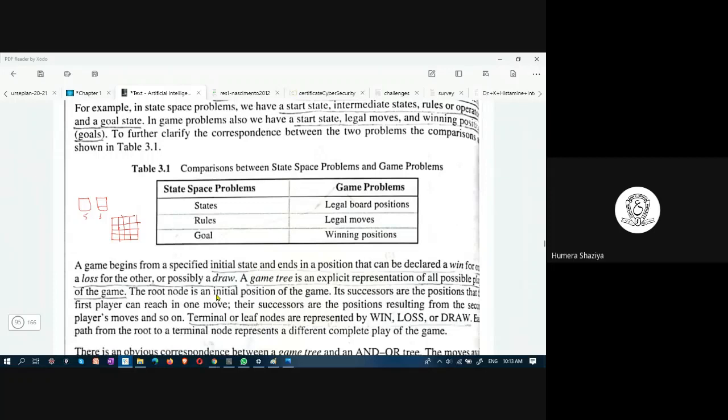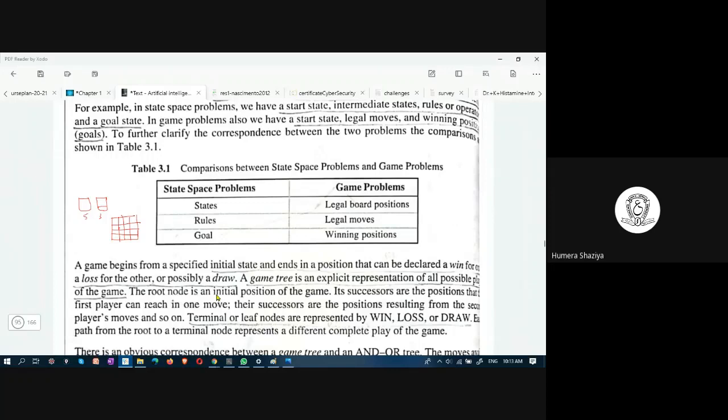How can pawns move? You have the king. How can the king move? But this is with respect to chess. Likewise, you have other board games, and they have legal moves and also illegal moves. Illegal moves are those moves which are not permitted. Legal moves are those moves which are allowed.